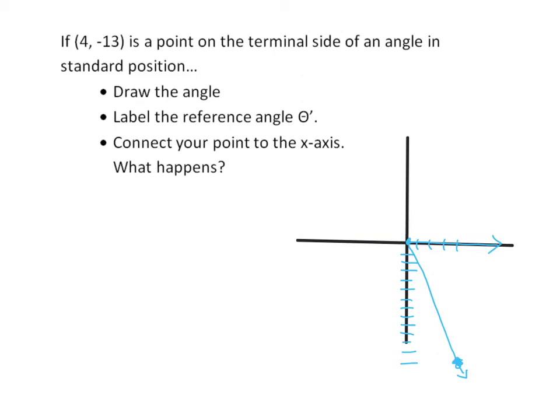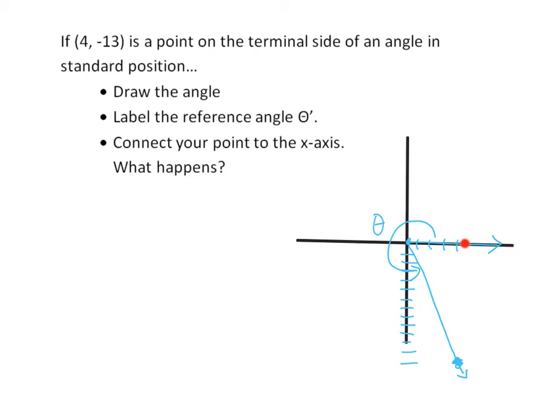So we drew the angle, and now we want to label the reference angle theta prime. Now we know that this whole angle here is our original angle. We could call that theta, right? So where's theta prime? Well, let's remember that theta prime is an angle that has one ray from the terminal side of the original angle, which is this, and the other side of the reference angle is the nearest x-axis.